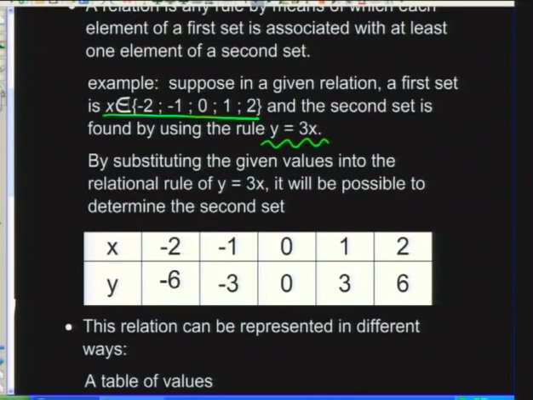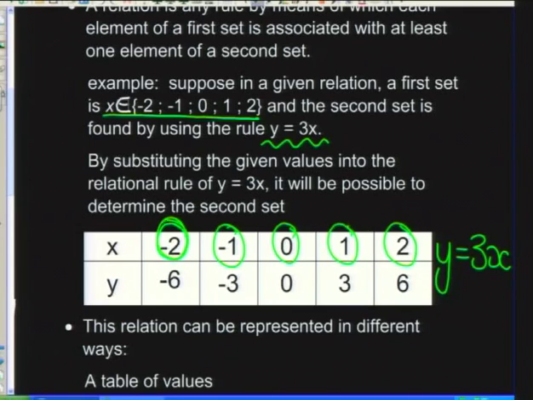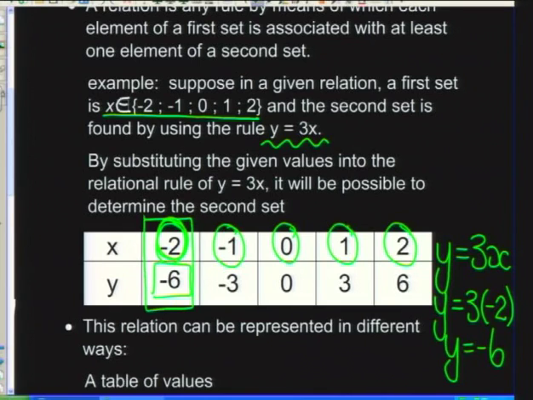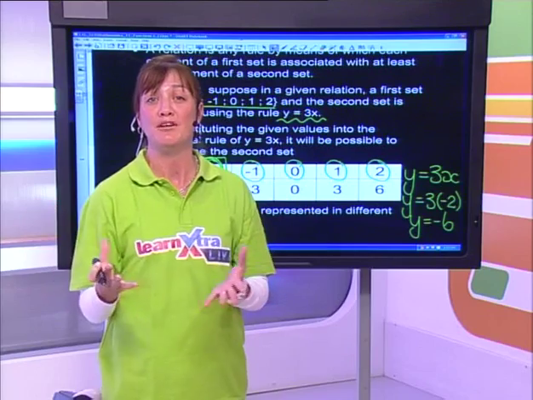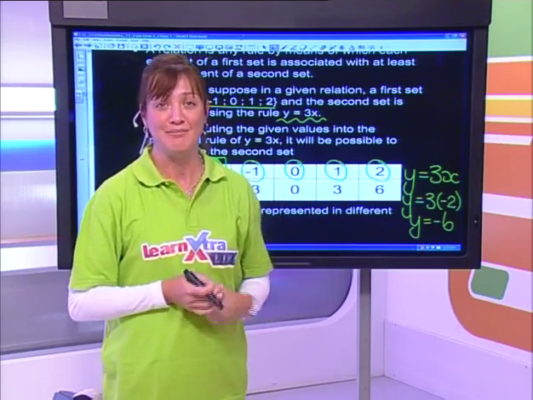Each of these x values gets substituted into the equation y = 3x. Let me do the first one with you. If I take the x value of -2 and substitute it into my x, we land up with a value of -6, that being the y value. Together this pair will form a coordinate point, and a coordinate pair is what we plot on our Cartesian plane.